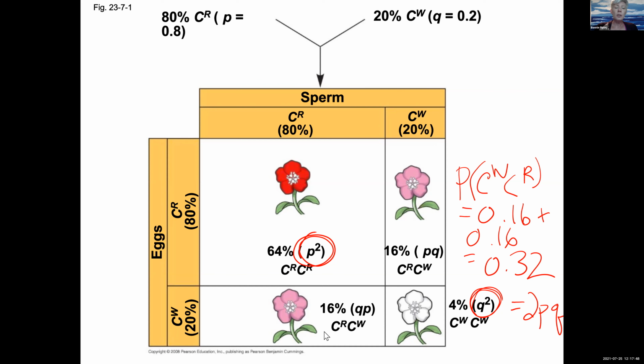Now, we also have assumptions that sperm and eggs are coming together at random. So if organisms are having some kind of mate choice and they're not coming together at random, that would be called non-random mating. So it's possible non-random mating can be happening. It's also possible that if we have a very small population or a small sample size, our predictions are not going to match what we would expect to see based on the rules of probability.